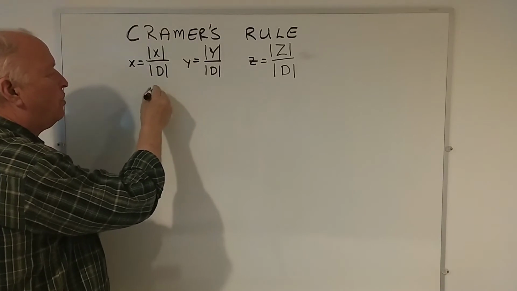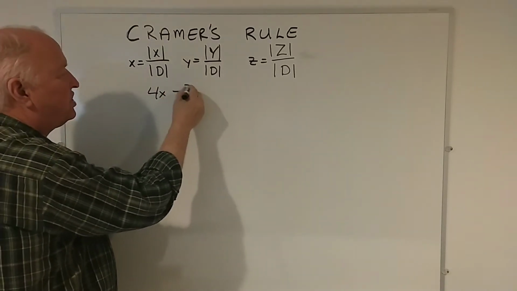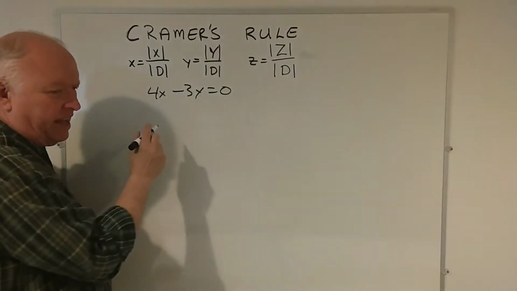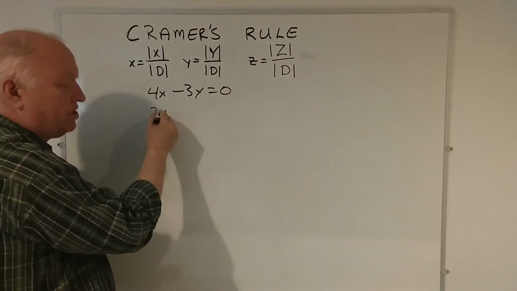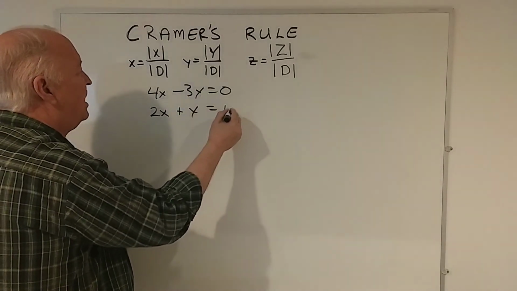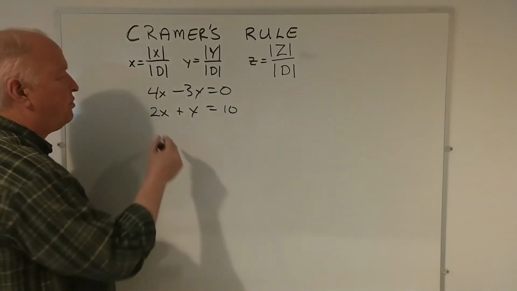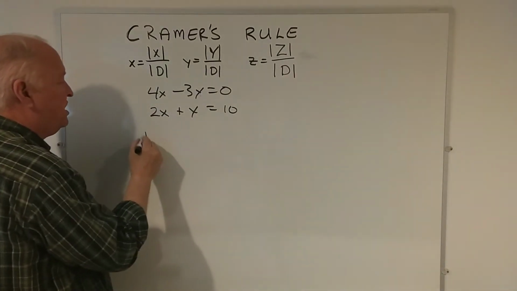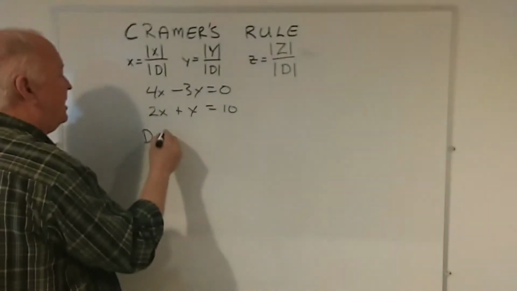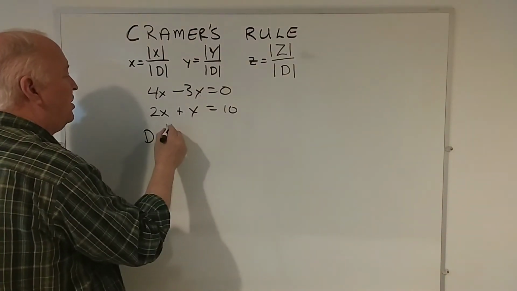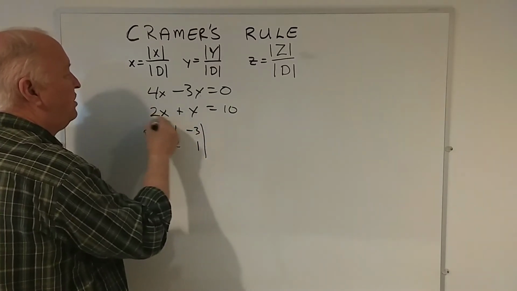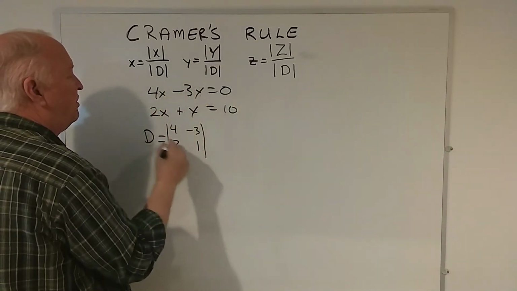Here's 4x minus 3y equals 0, and 2x plus y equals 10. Let's write our 3 matrices. We have a D matrix, which we're going to use as the denominator, and that's going to be 4, 2, -3, and 1. That's the matrix formed by the coefficients of the variables.